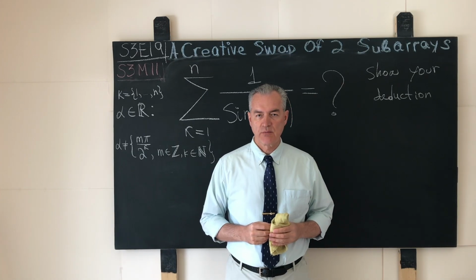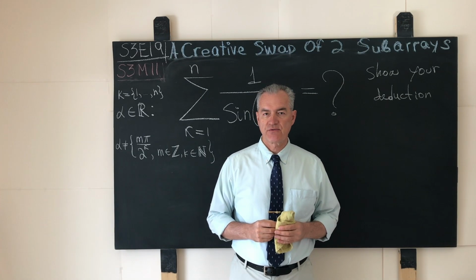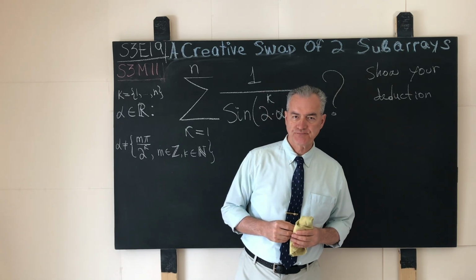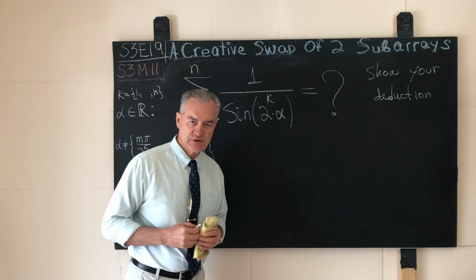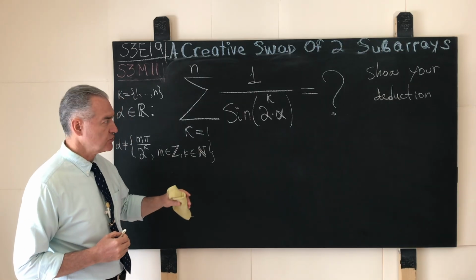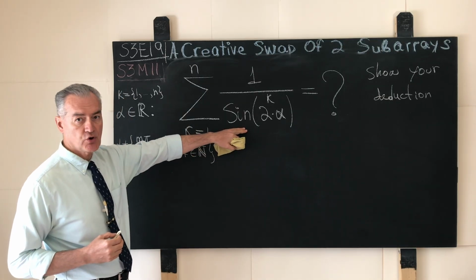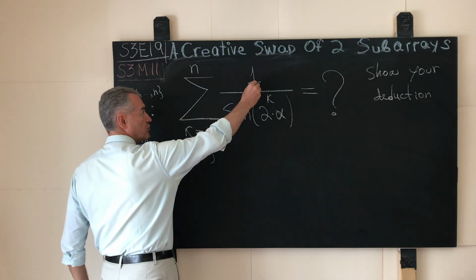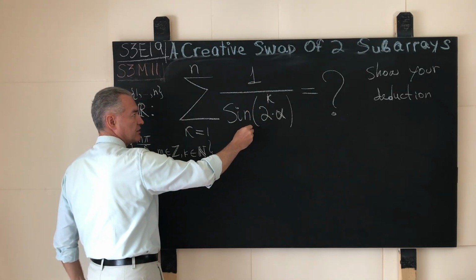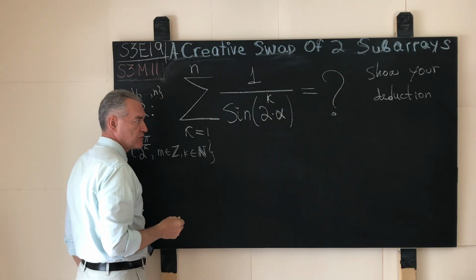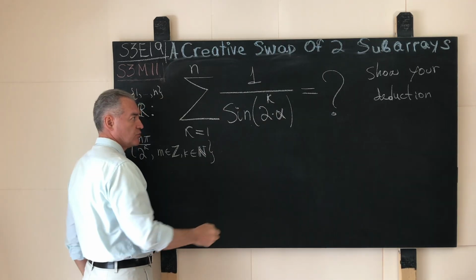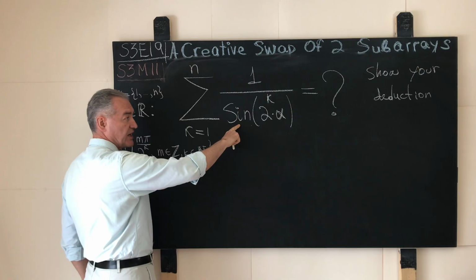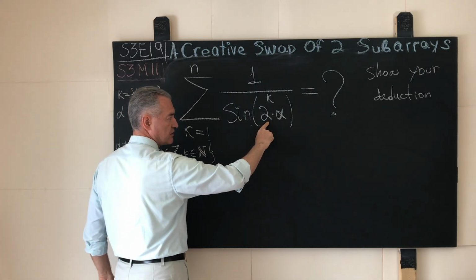Our next challenge will be a problem in mathematics S3M11. The objective of this problem is to evaluate the following finite sum whose common term has the following shape. 1 in the numerator, and in the denominator of that fraction that represents a common term of this finite sum, we have the trigonometric function of sine evaluated at the following argument.